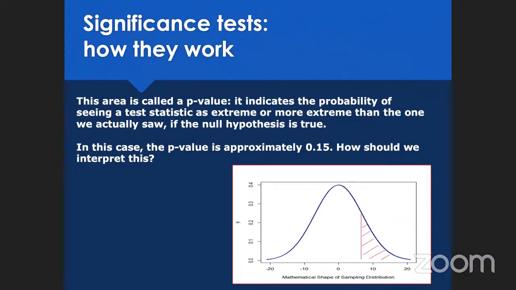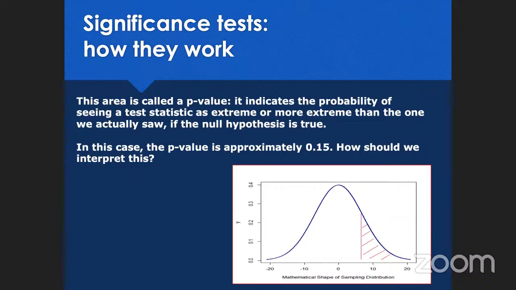This area is called the p-value, which indicates the probability of seeing a test statistic as extreme or even more extreme than the one we actually saw if the null hypothesis was true. In this case, the p-value is approximately 0.15.